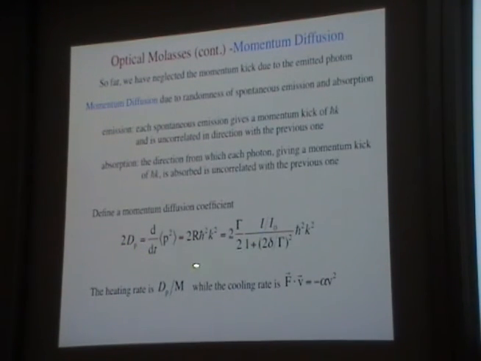If you want to know what the heating rate due to this diffusion coefficient is, then you just take the diffusion coefficient divided by the mass. And the cooling rate just depends on the average force times the velocity, so it goes like minus alpha v squared.